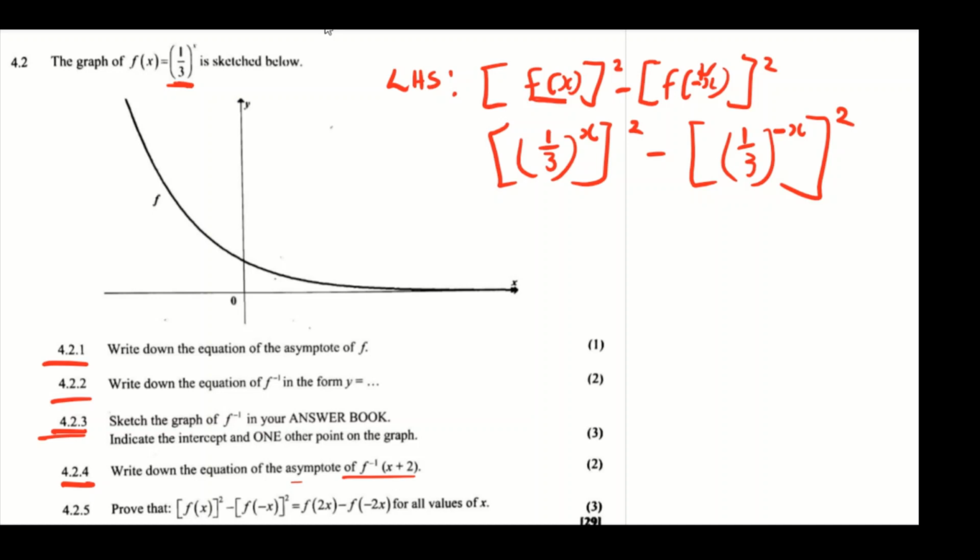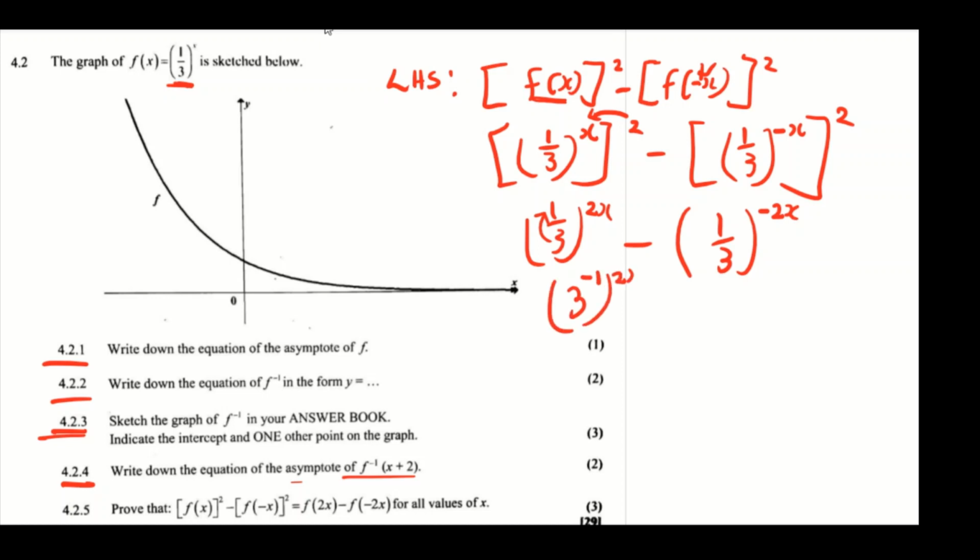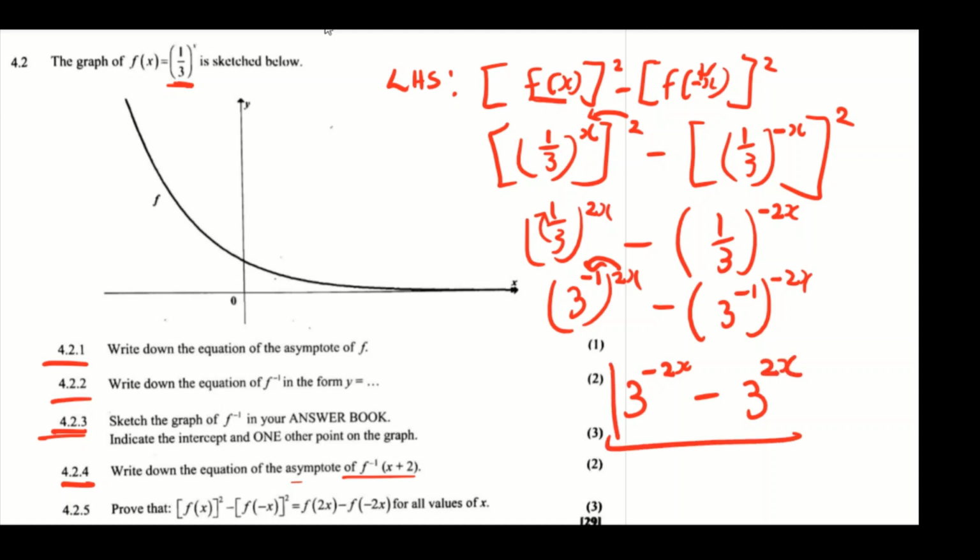So to write this down, you can say 1 over 3 all to the power, so these two will multiply, this x here is going to be 2x, minus 1 over 3 to the power of minus 2x. And then we can just take this 3 up. We have 3 to the power of minus 1 all to the power of 2x minus 3 to the power of minus 1 all to the power of minus 2x. So to write it properly, you're going to say 3 to the power of minus 2x, because this 2 will multiply this, and minus 3 to the power of 2x. So this is the left hand side.